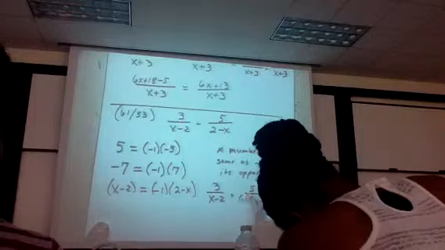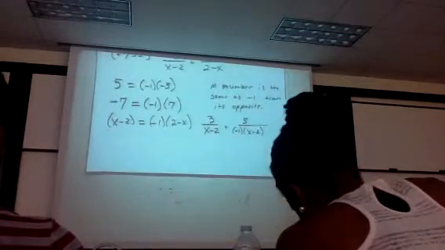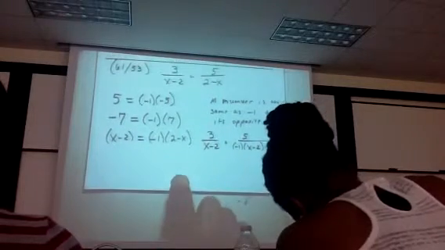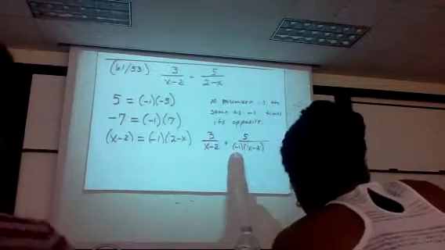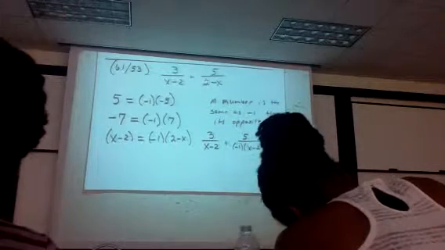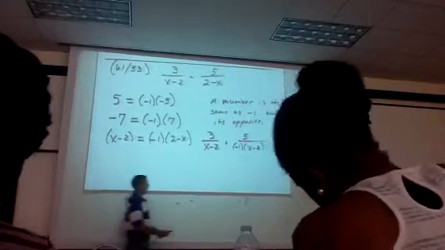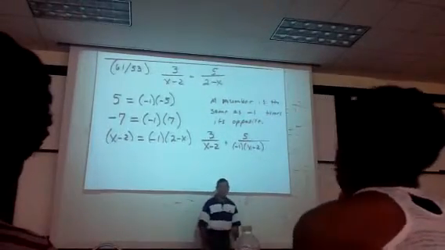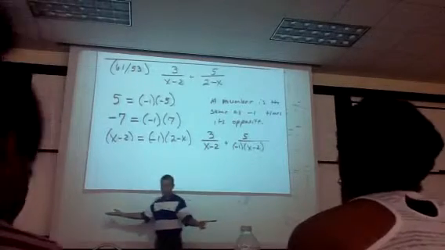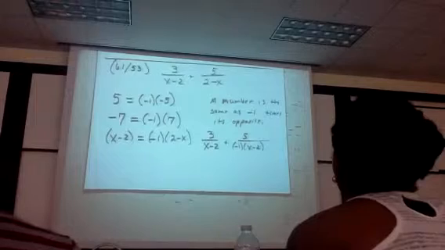I made that substitution. 2 minus x is the same as -1 times its opposite. Hey, remember what we just observed about fractions? I can have the negative downstairs, upstairs, right in front. Whatever is convenient for you. Well, it's convenient for me to put it out front.